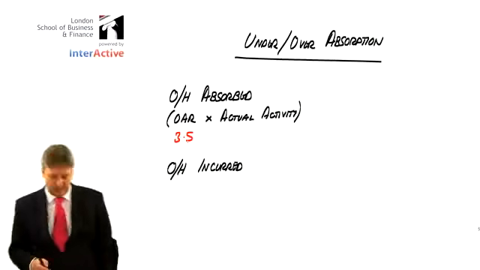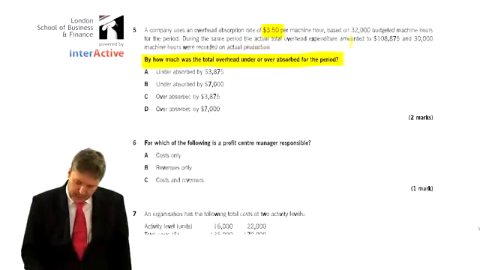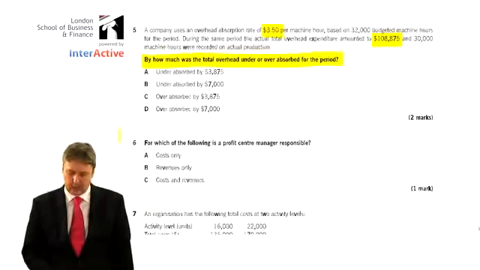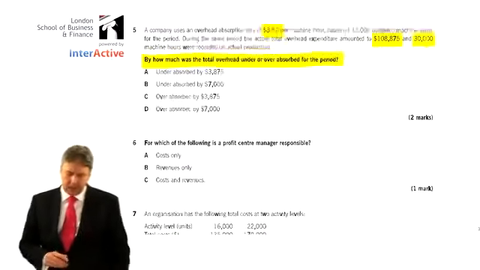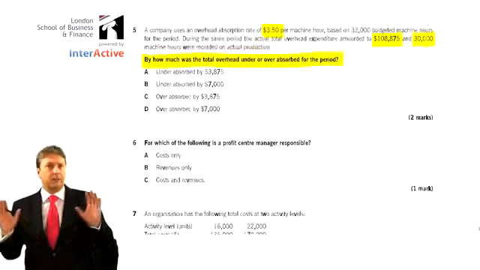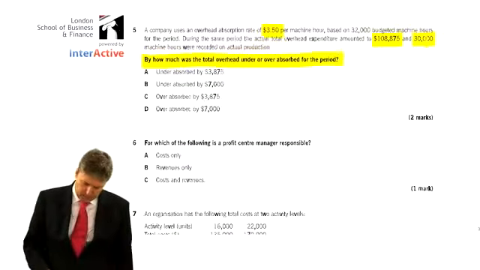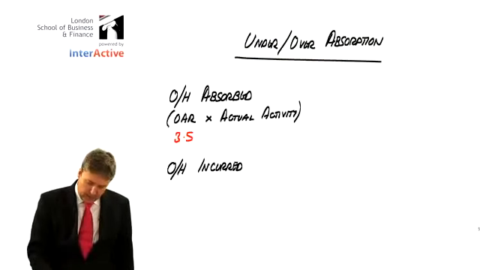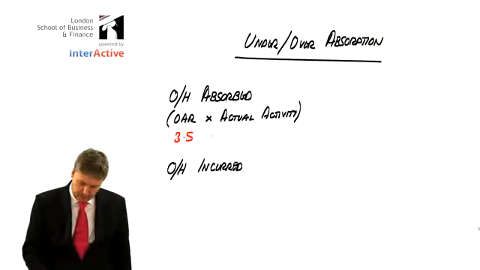Reading on. During the same period, the actual total overhead expenditure was 108,875. And 30,000 machine hours were recorded on actual production. Fine. Well, hold on a moment. Haven't we got everything that we need there? So, actual activity, should we do that one first?